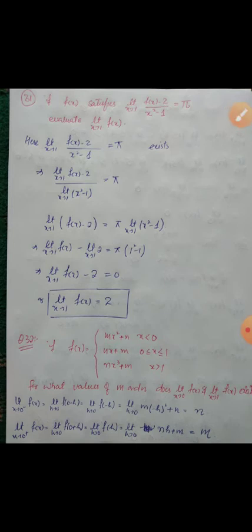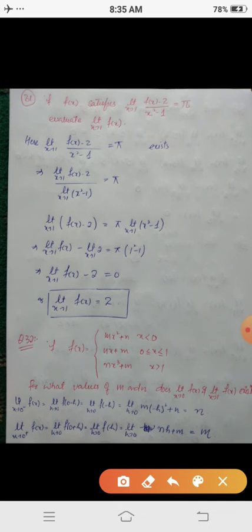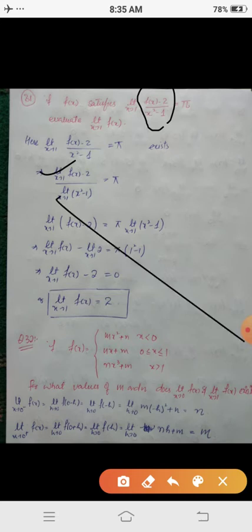Now suppose f(x) satisfies the limit as x tends to 1 of (f(x) − 2)/(x² − 1) equals pi. It is given that the limit of this rational function exists. When the limit of a quotient exists, we can write the limit of the quotient as the quotient of the limits, that is, the limit as x tends to 1 of (f(x) − 2) divided by the limit as x tends to 1 of (x² − 1) is pi.